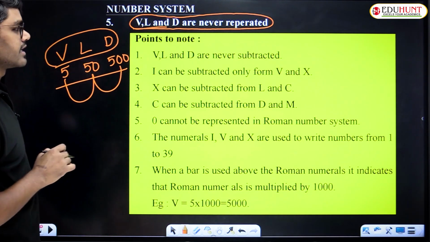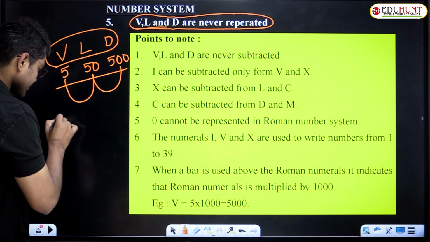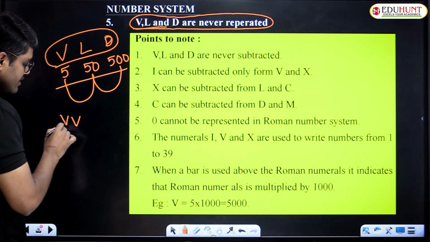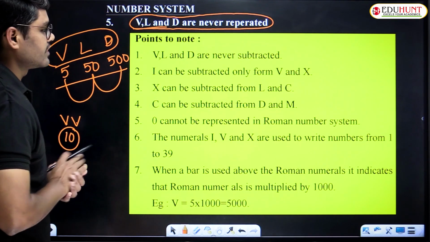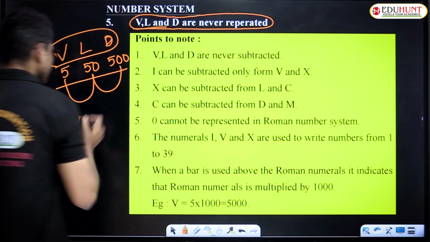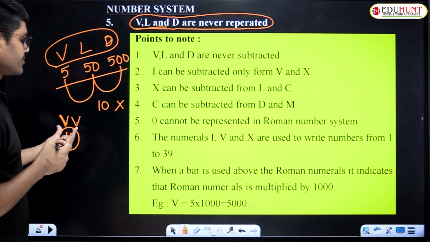Why never repeated? If I want to repeat V and V, that means 5 plus 5, which is 10. There is no need to write V and V because I know the digit for 10, that is X.